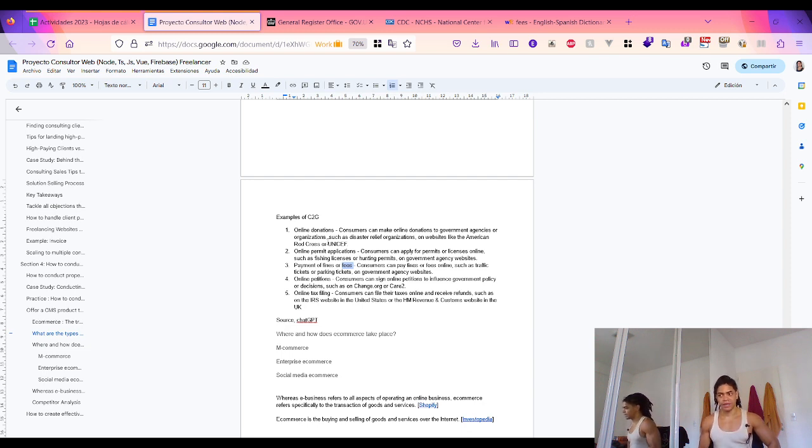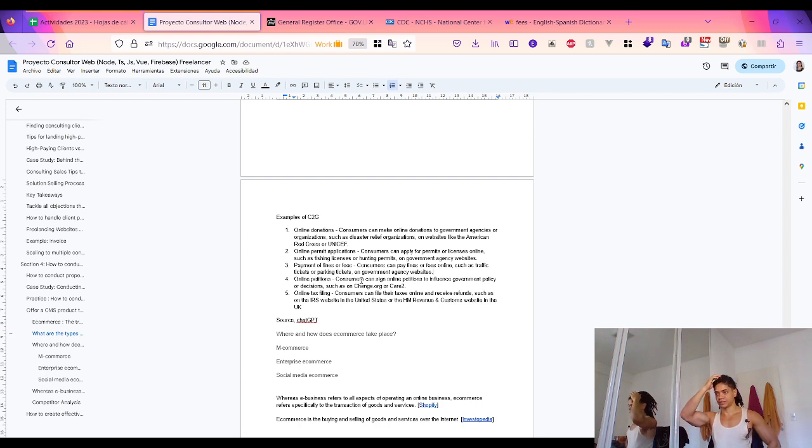So payment of fines or fees: consumers can pay fines or fees online, such as traffic tickets or parking tickets, on a government agency website. Online petitions: consumers can sign online petitions to influence government policy or decisions, such as Change.org or Care2. Online petitions are not the same as online donations.